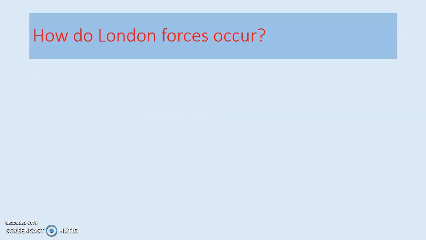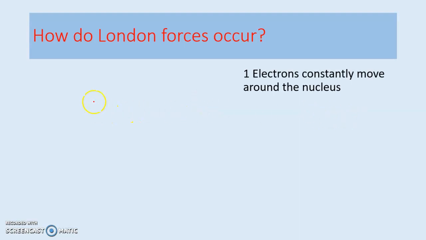Now, how do London forces occur? So we know that electrons revolve around the nucleus. So if I have a noble gas atom, imagine this is a noble gas atom, around the nucleus you've got electrons going around it.